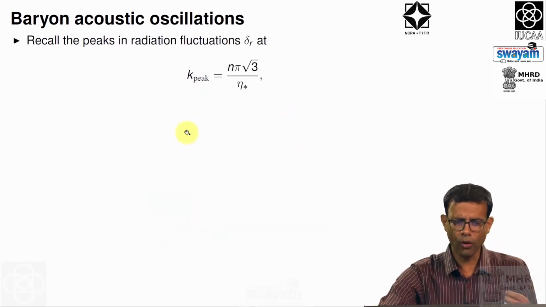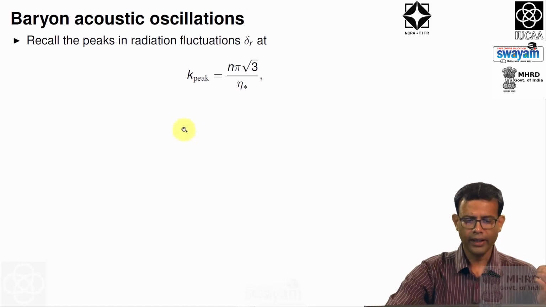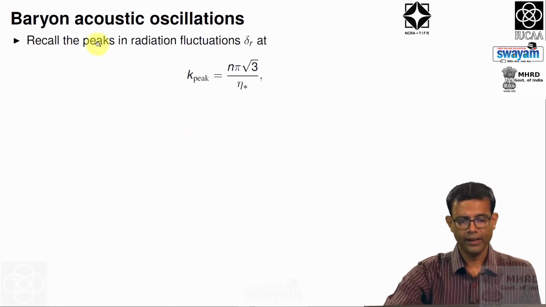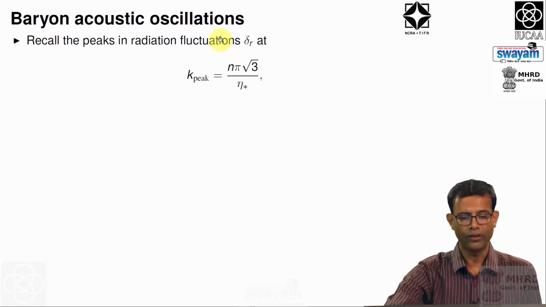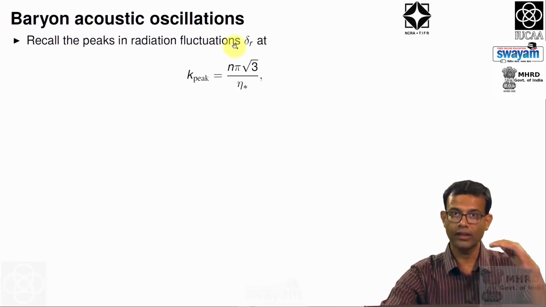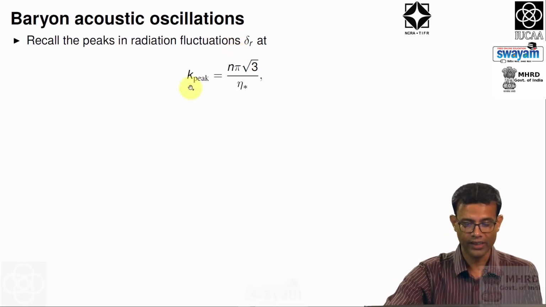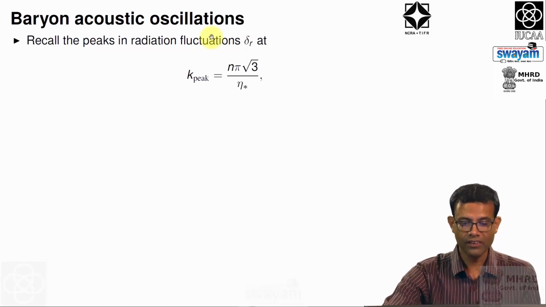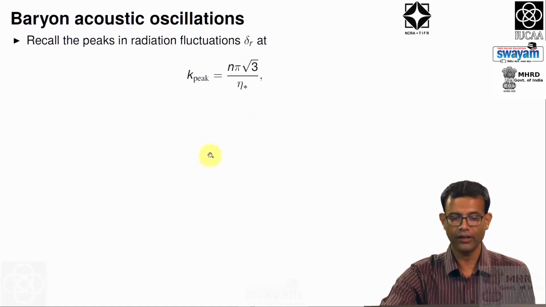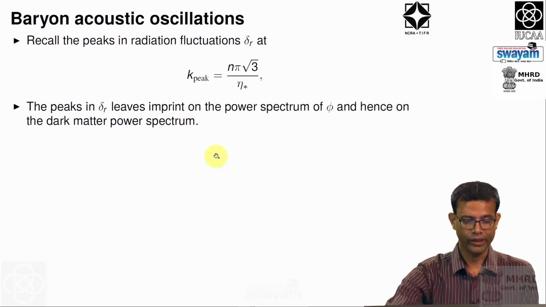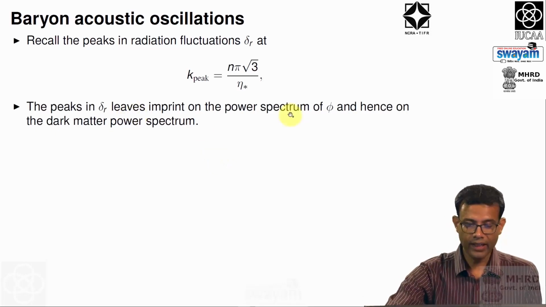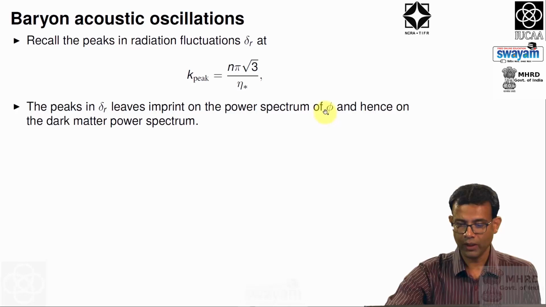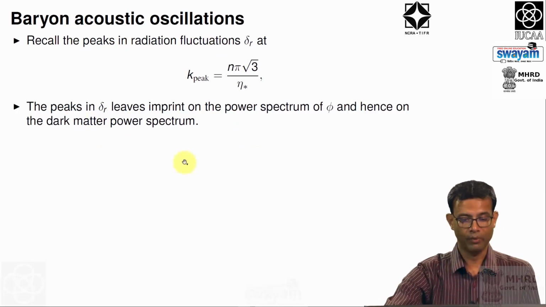You can go a bit further. You recall that there are peaks in the radiation fluctuations in the CMB, at the last scattering surface, and these peaks occur at specific values of k, which we wrote down in the last lecture. These peaks leave an imprint on the power spectrum of the gravitational fluctuations, so the gravitational fluctuations will also have peaks at these k values, and hence so does the dark matter power spectrum.